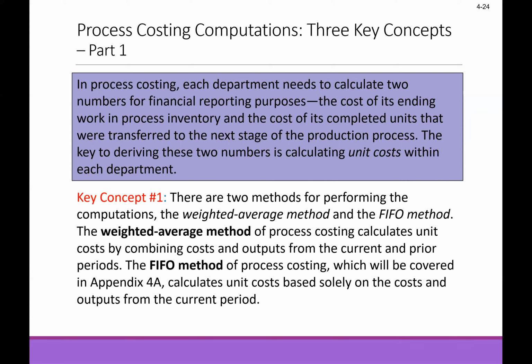The key to deriving these 2 numbers is calculating the unit cost within each department. In calculating these unit costs, we can use 2 different methods. We can use the weighted average method, or we could use the FIFO method.